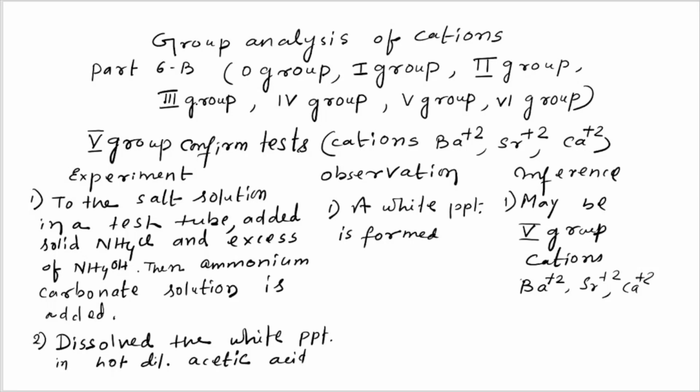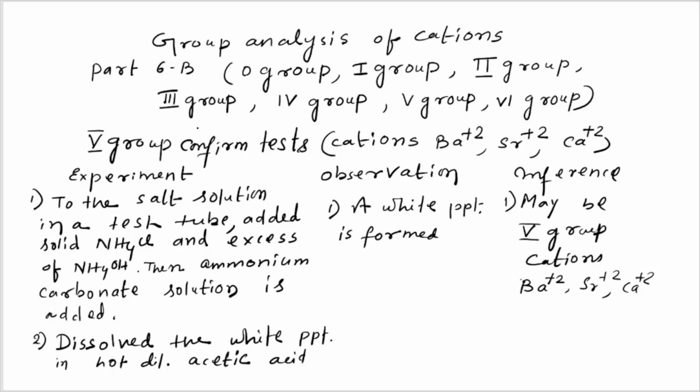Now I am going to explain the confirmed tests for group cations, that is the 5th group and 6th group. In part 6A, I already explained the confirmed tests for the 3rd group and 4th group.